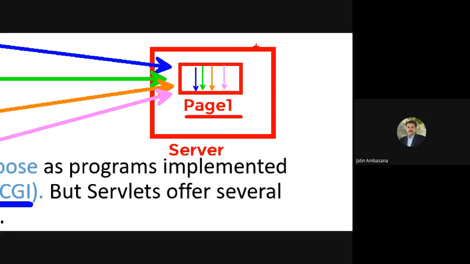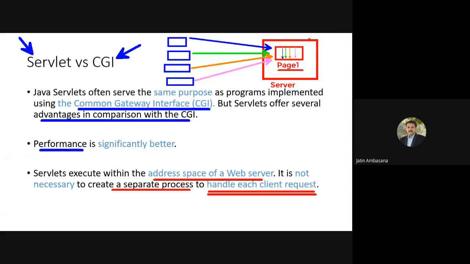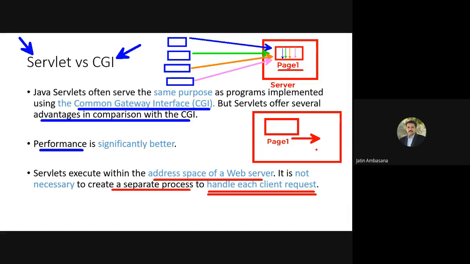So in that way, it is very much advantageous with respect to CGI. What does CGI do? If it is a CGI, then this page 1 will have to execute separate processes. Say process 1 for request 1, then process 2 for request 2, then process 3 for request 3.